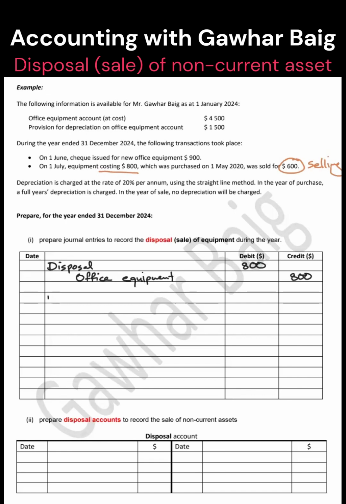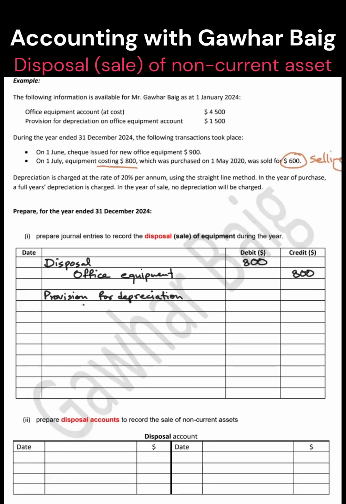The second entry will be provision for depreciation, will be debited by the total depreciation of the asset sold, and the disposal account will be credited by the total depreciation.